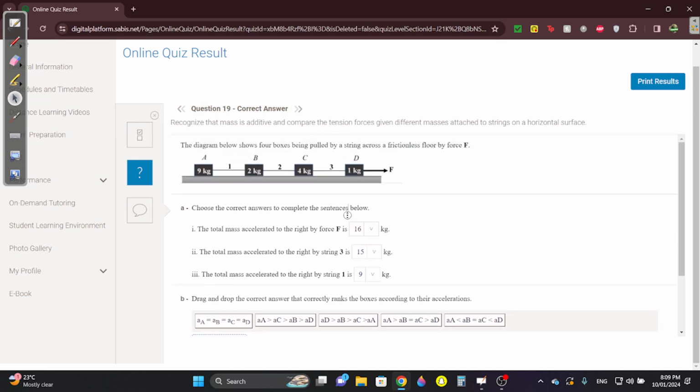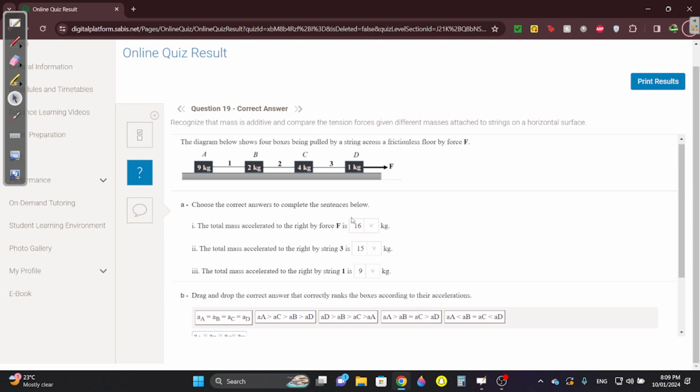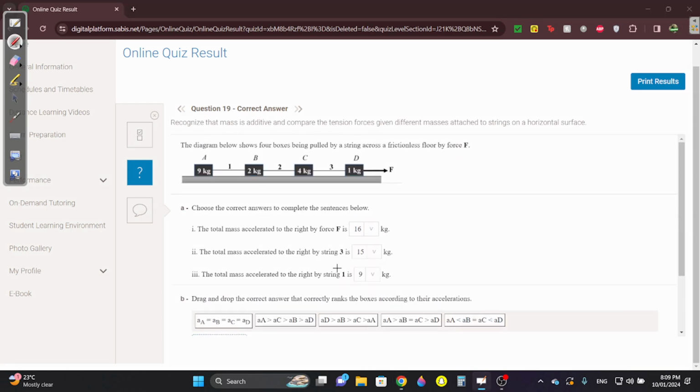Here, acceleration of A equals A. Here they're asking about the accelerations. And here they said it's a frictionless floor. If you remember, when I told you the air hockey puck question, where it was floating on air, there was no friction.